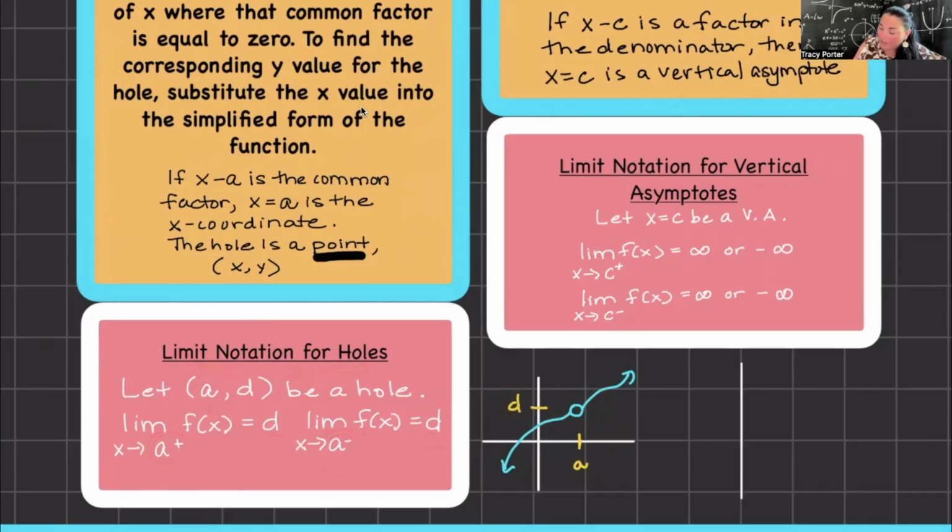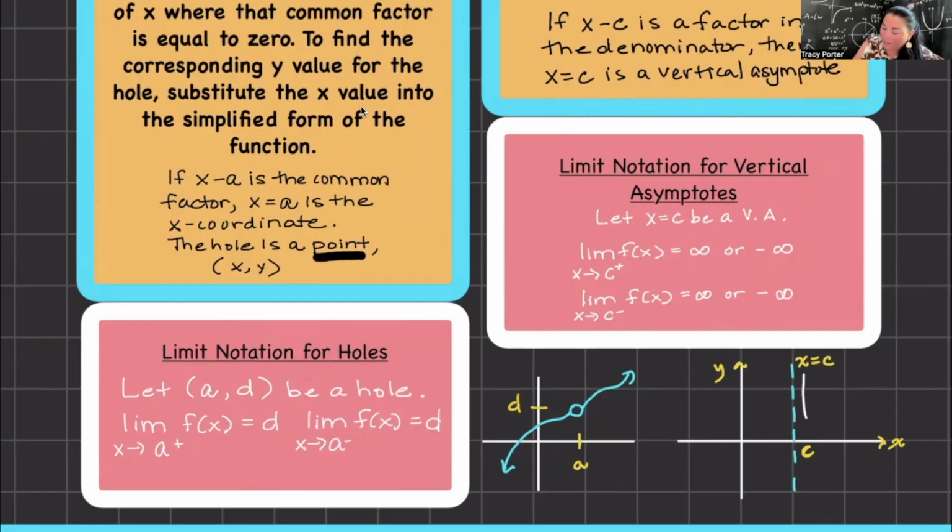It depends on what the function is doing around that vertical asymptote, but let's just put in a vertical asymptote and say that the value here on the x-axis is c. Okay, so here's our x and y axis. And so this is x equals c, the vertical asymptote. Now, your function can be doing a few things. So let's just draw one example of something it could be doing.